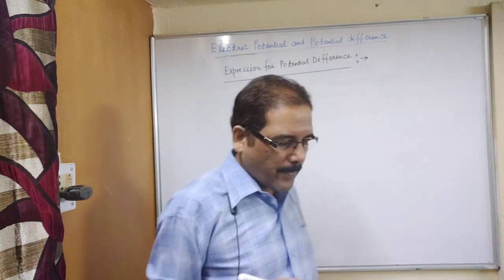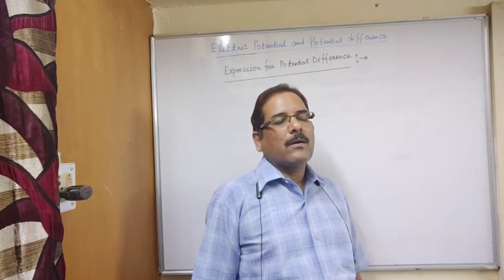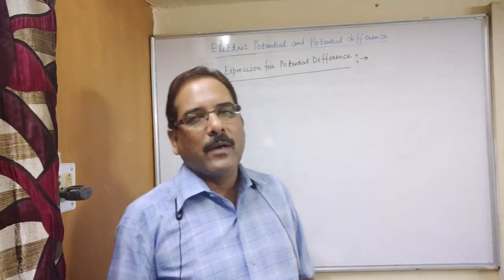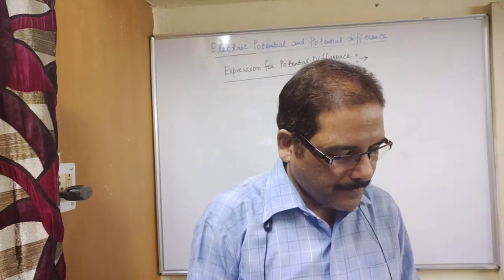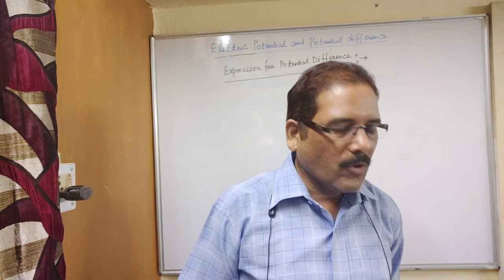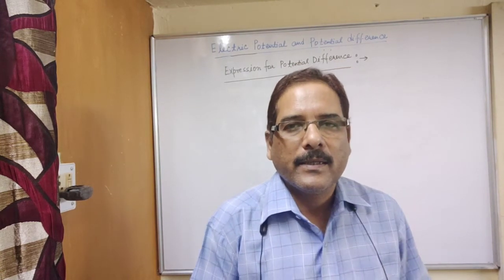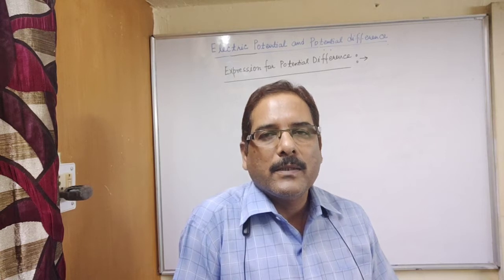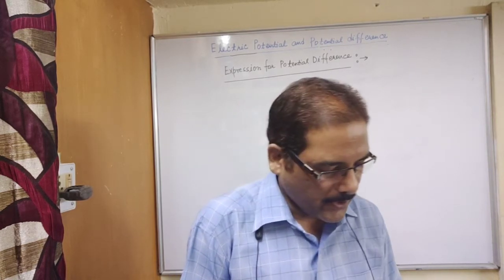Suppose W is the work done to move a q coulomb of charge from one point to another in an electric field, then the potential difference between the 2 points will be simply W by Q.